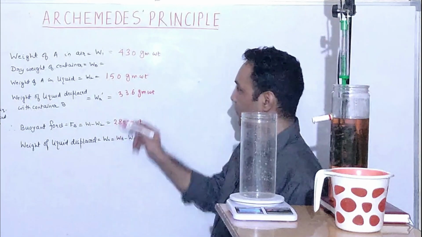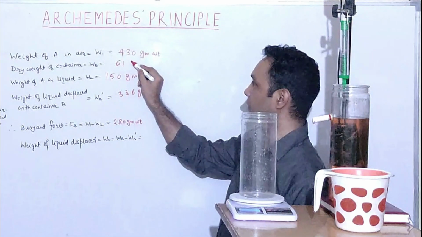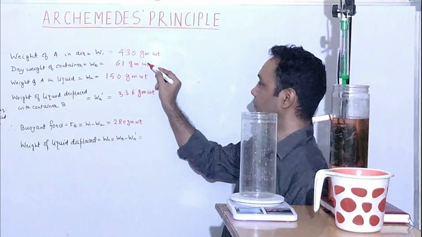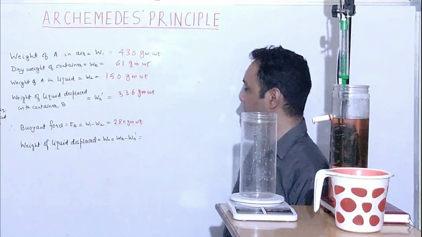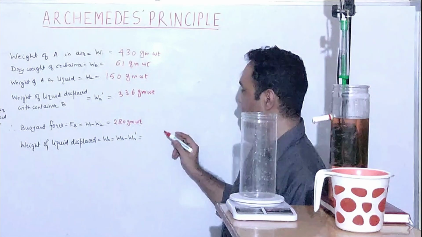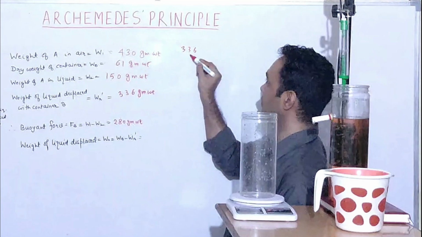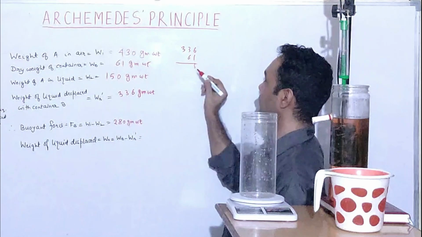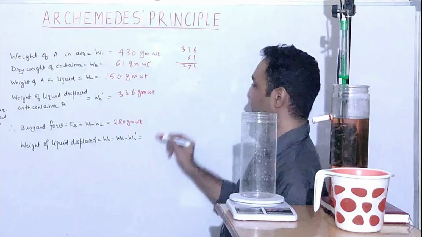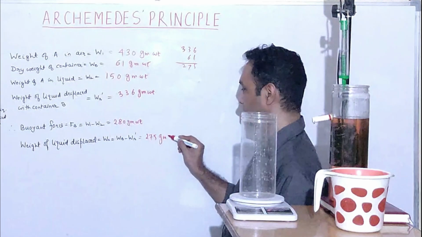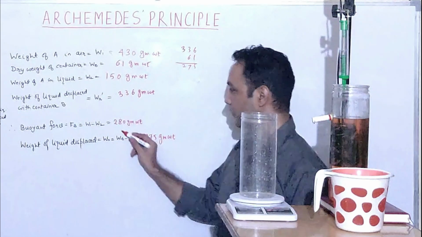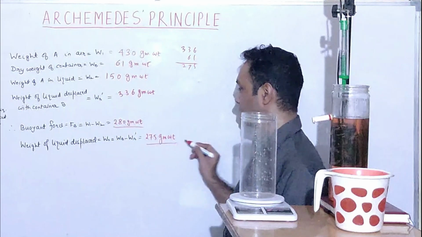So the weight of the displaced liquid is 336 minus 61, and that is 275. So to a very close degree we have verified the Archimedes principle.